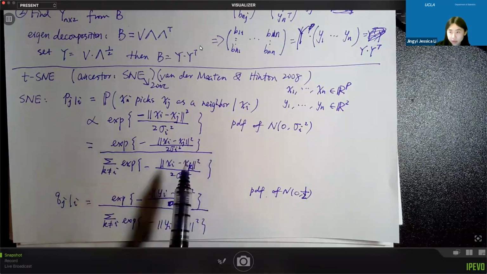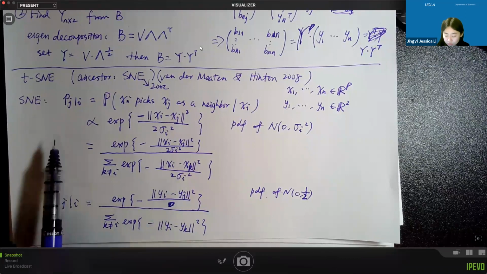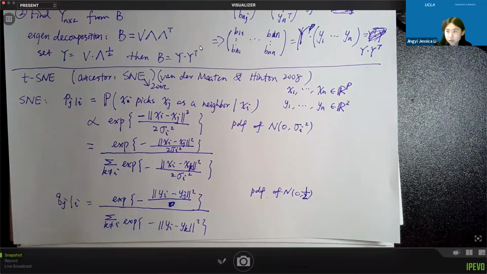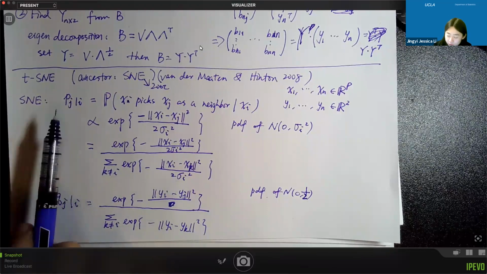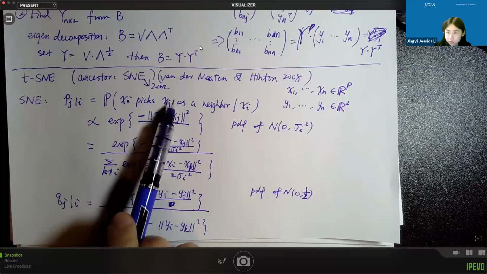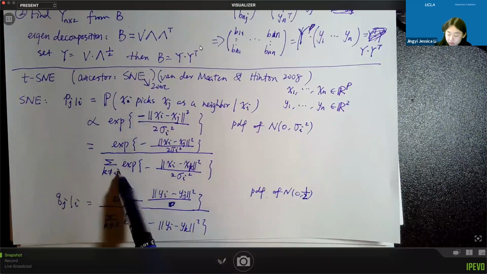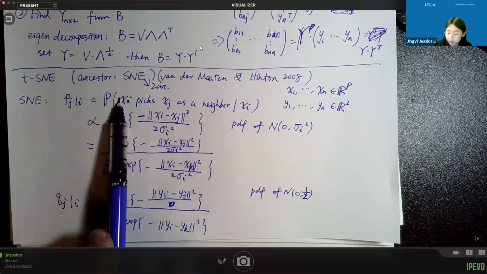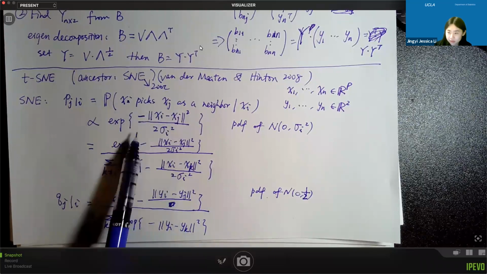Now, of course, how to choose sigma_i is a difficult problem to be addressed later. But the goal is to find q such that these two sets of distributions are close to each other. How many distributions do I have? For p_j given i, for each i I have a distribution. And that distribution is about which point x_j I would pick as a neighbor. I may pick any point other than i. So this is a distribution with n-1 possible picks, and each pick has a probability associated with it.